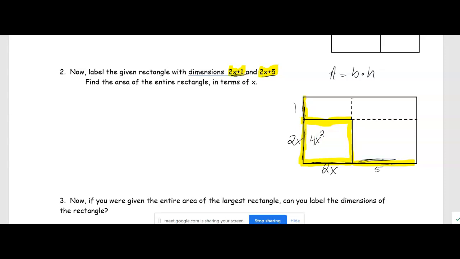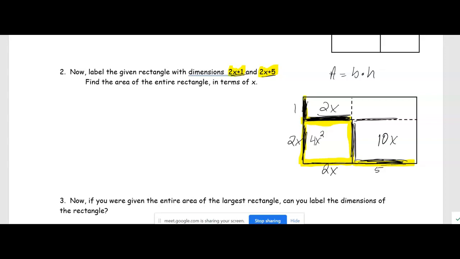If we come to this one, that's a 5 multiplied by the 2x by this height here, so the 5 and the 2x should give us a 10x. This base up here is 2x, and the height is a 1, so 2x times 1 should just get us 2x.